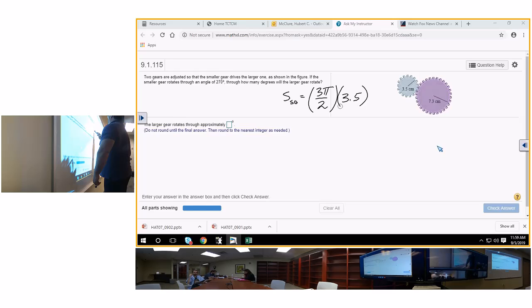So 3 times 35 is 105, isn't it? So that's going to be 10.5 over 2. Somebody check my math. Pi, and 10.5 over 2 is 5.25. 5.25 pi. Somebody check my math and tell me what distance you're going to get.